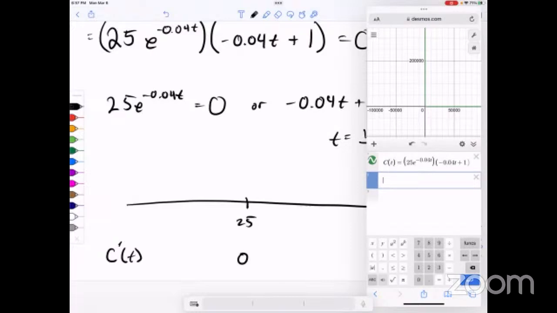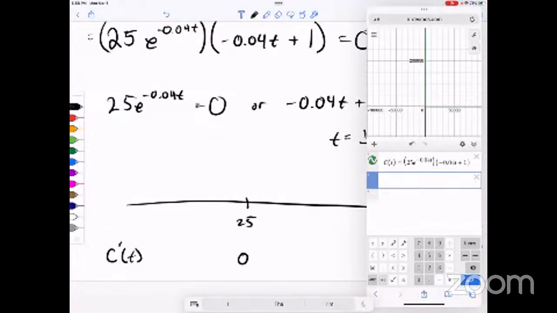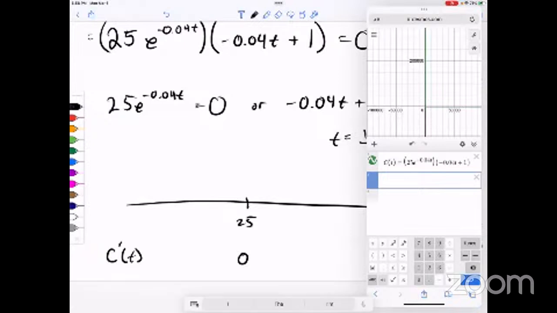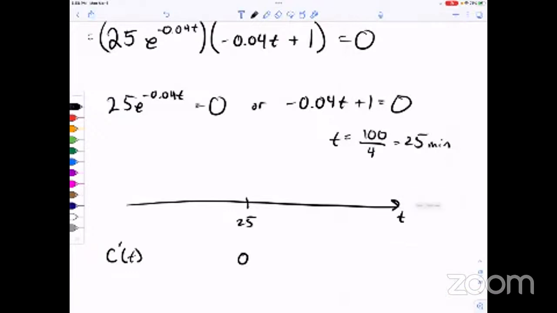So let's just do c of 25 to confirm. I don't know why my keyboard won't register.